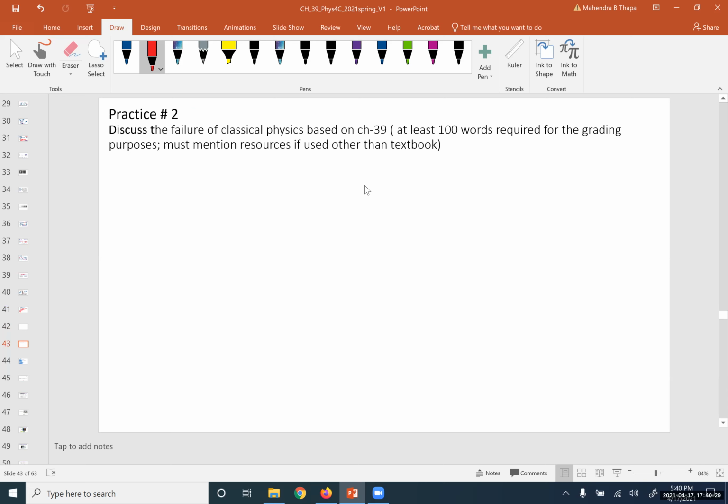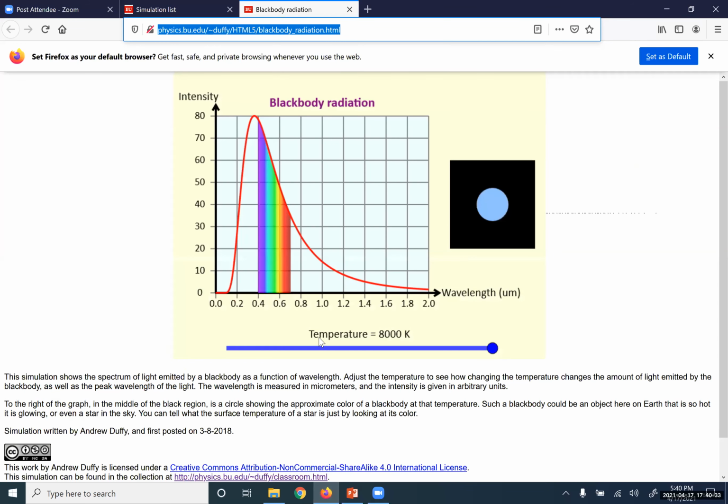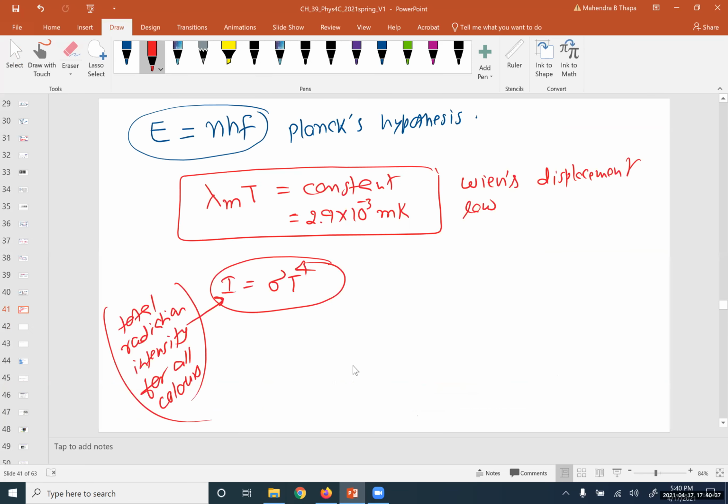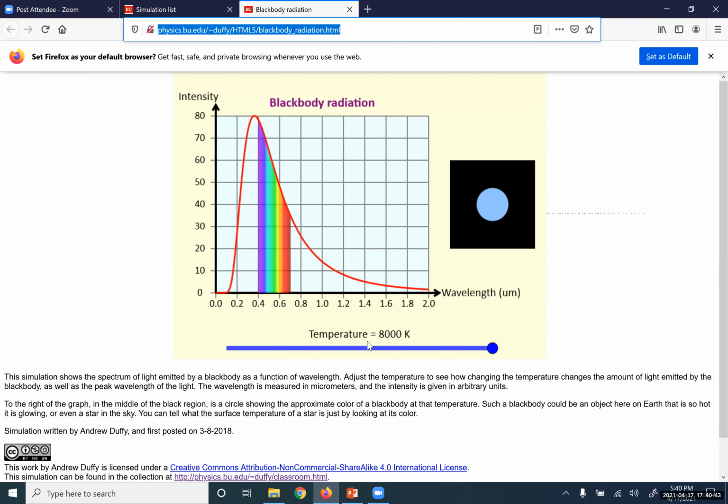We can see one simulation over here. You can see the same picture that you see in the plot for different temperatures. If the temperature is 8,000, the peak intensity is 80, and the corresponding wavelength is nearly 0.4 micrometer.